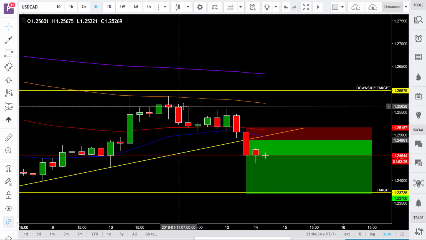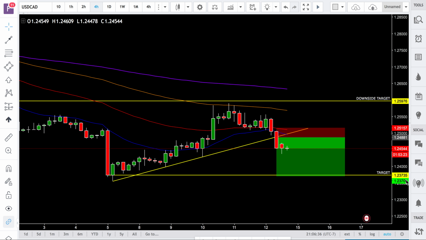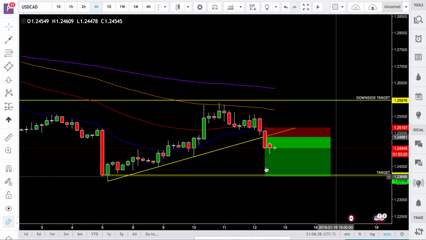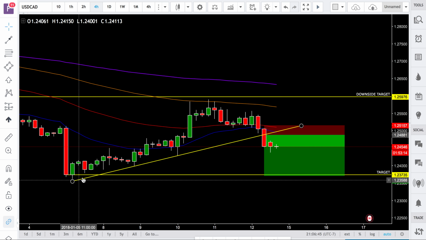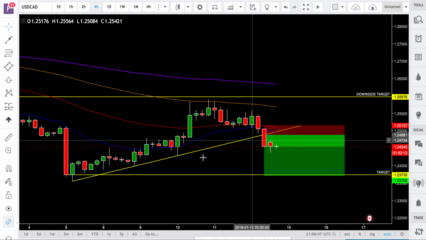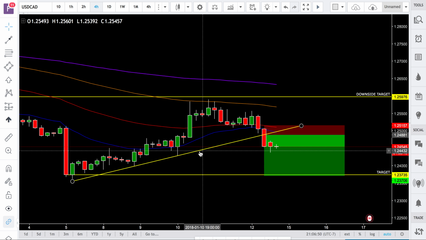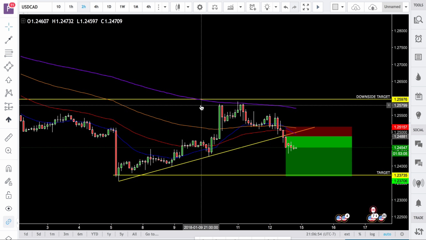My target now would be this 123.7 area, and that's easy to spot out. If you look left, you'll see that ties in right there. And we do have a trend line break here, seen very clearly on the 4-hour time frame. Let's look at a 2-hour time frame so you could see it a lot better.